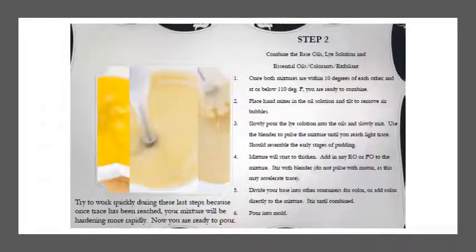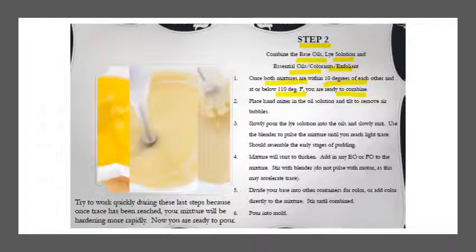Now step 2 involves combining the melted oil, the lye solution, and the additives. The essential oil for fragrance, coloring agents, dyes, you have to add them. Once both mixtures are within 10 degrees of each other or below 110 degrees Fahrenheit, you can combine all the additives into it.